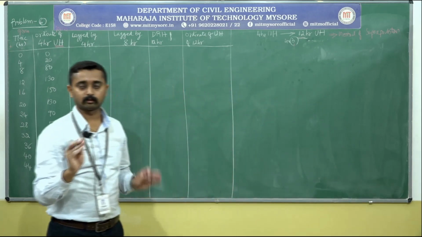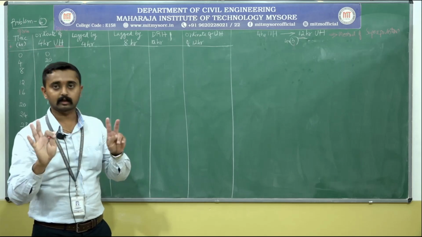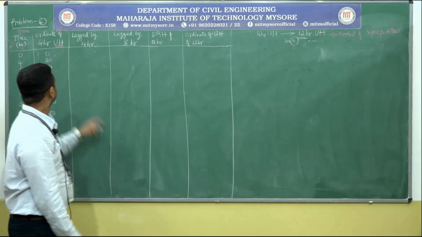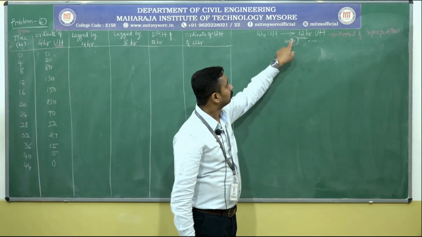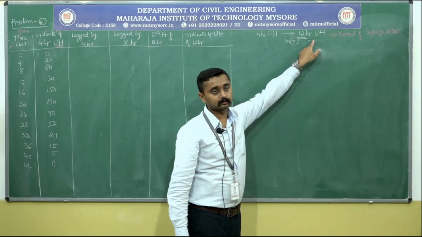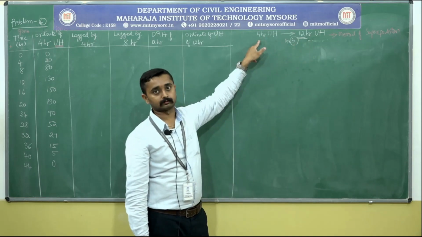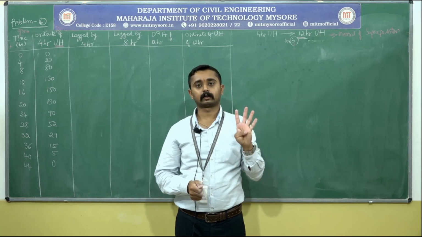Now, very simple problem, just understand what is given and what we need to calculate. We need to construct the 12-hour unit hydrograph, we have the 4-hour unit hydrograph. We already have 1 number 4-hour unit hydrograph.